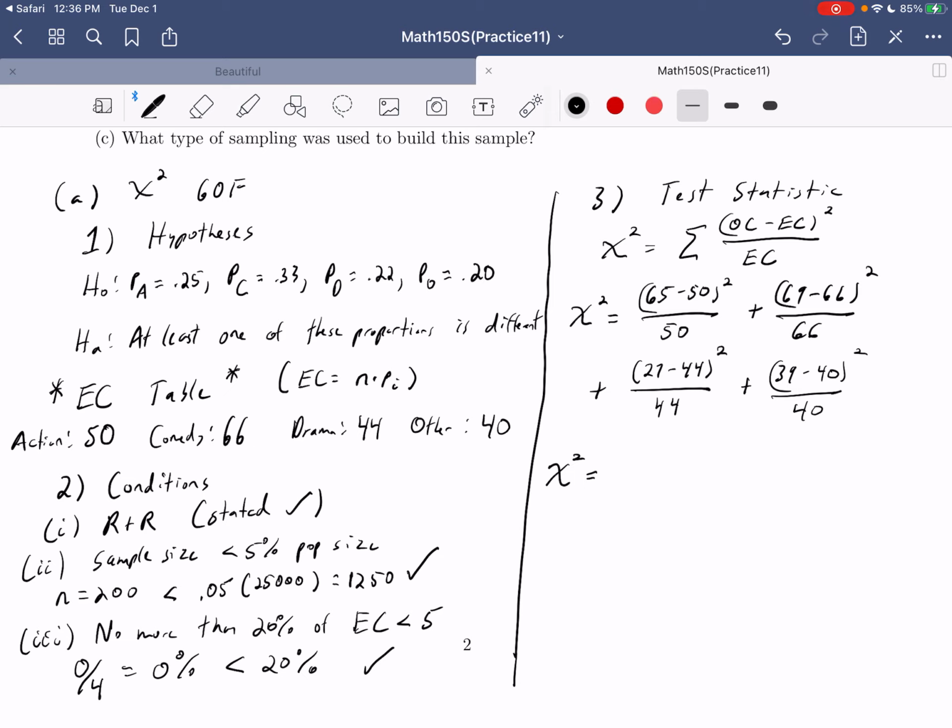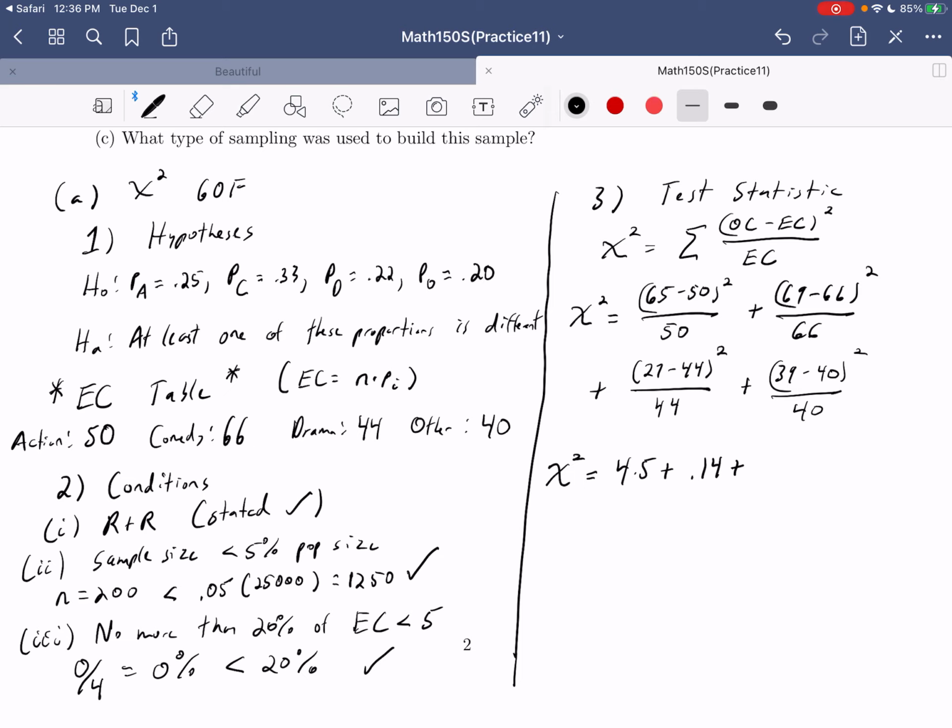All right, so let's go ahead and plug this stuff in and actually calculate it. So 65 minus 50, we'll square that and divide by 50. Looks like our first one should come in as 4.5, plus then 69 minus 66 squared and then divided by 66. Looks like we should get plus 0.14, and then 27 minus 44 squared divided by 44.